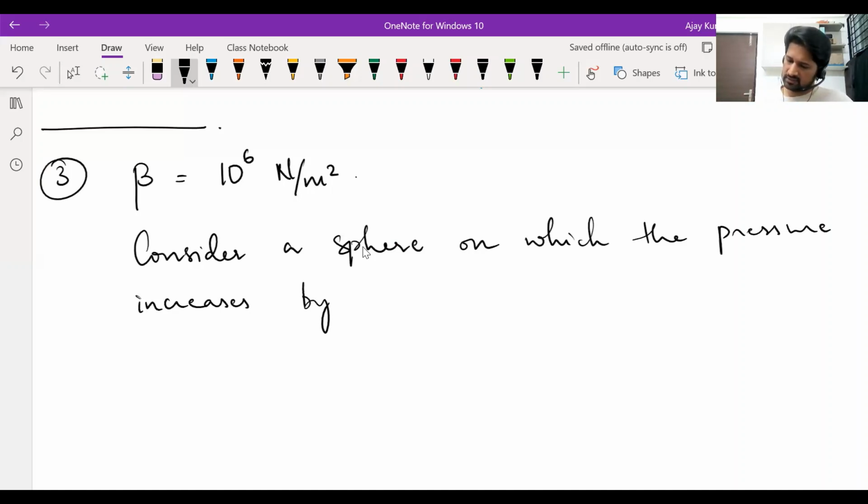So let's say the pressure increases by 10 power 5 Newton per meter square. Take the bulk modulus as 10 power 7, not 10 power 6. And pressure increased by this much.